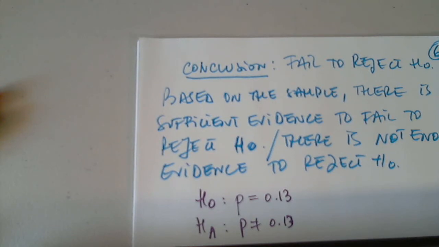There is not sufficient evidence. I have to read this twice before I select. There is not sufficient evidence at the, because we are not rejecting. There is not sufficient evidence at the alpha level to support the analyst's belief that the proportion of cards that result in default has changed.